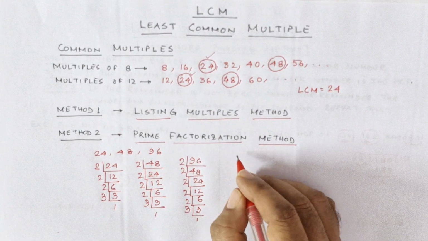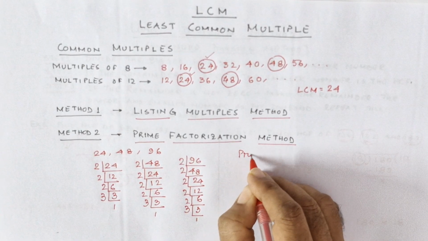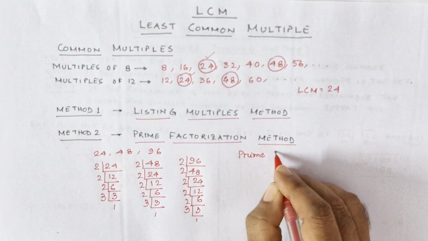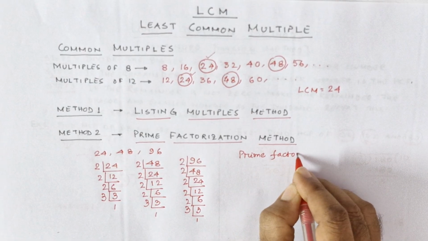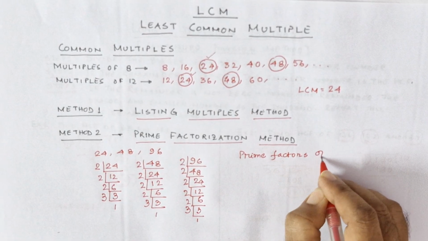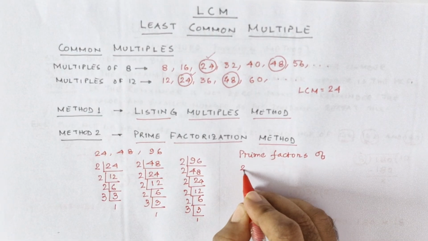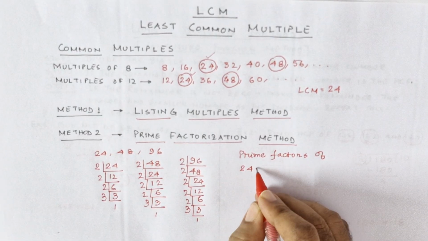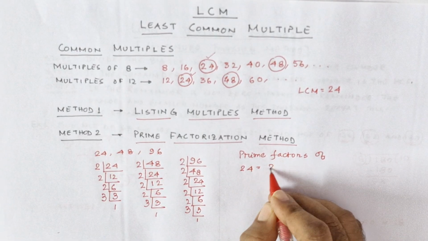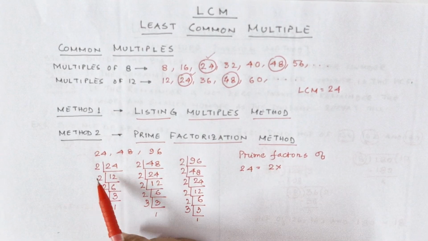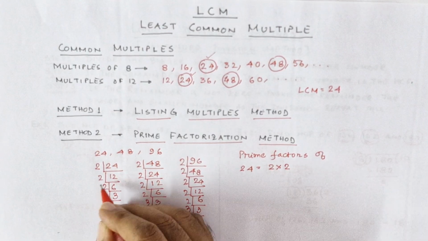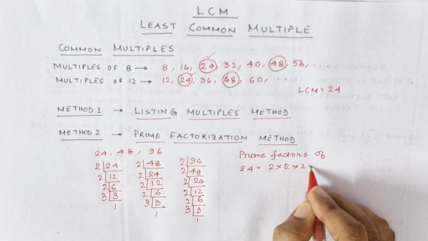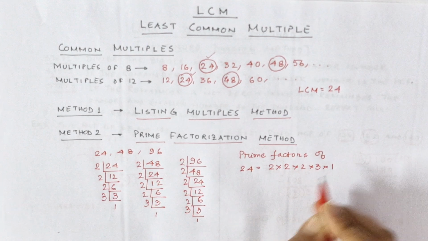So we have calculated all the prime factors of these three numbers. So let's write them out. Prime factors of 24, alright? So 2 multiplied by 2 multiplied by 2 multiplied by 3 multiplied by 1.